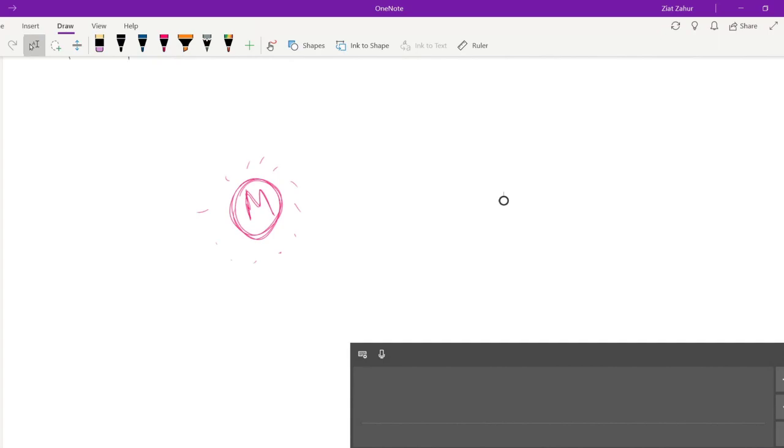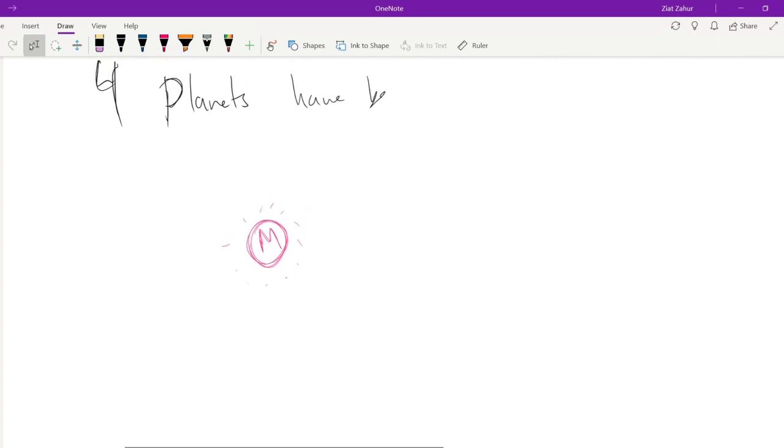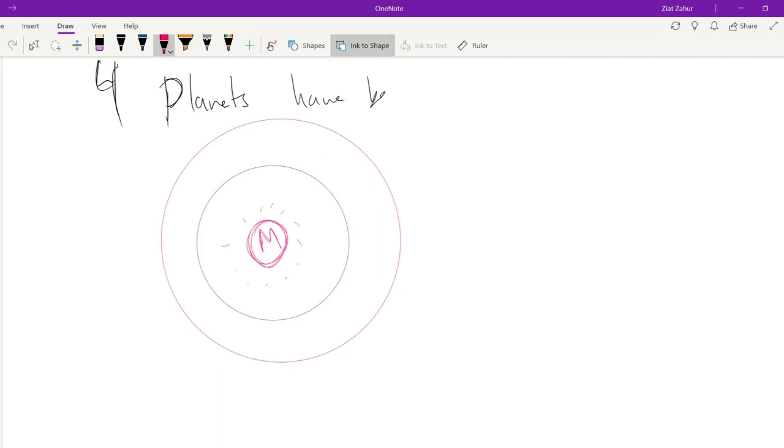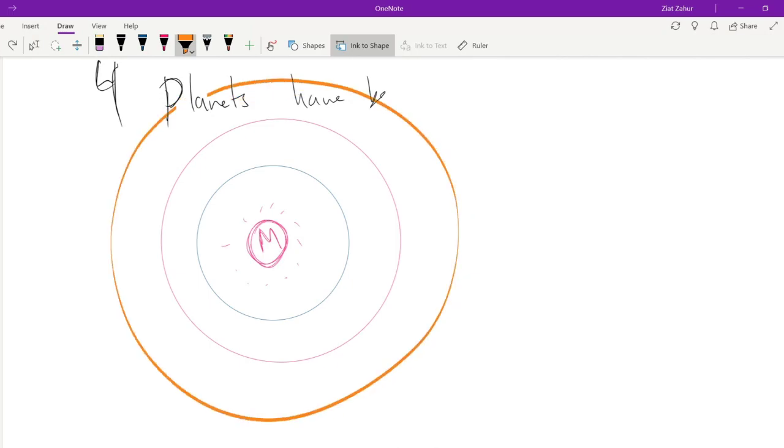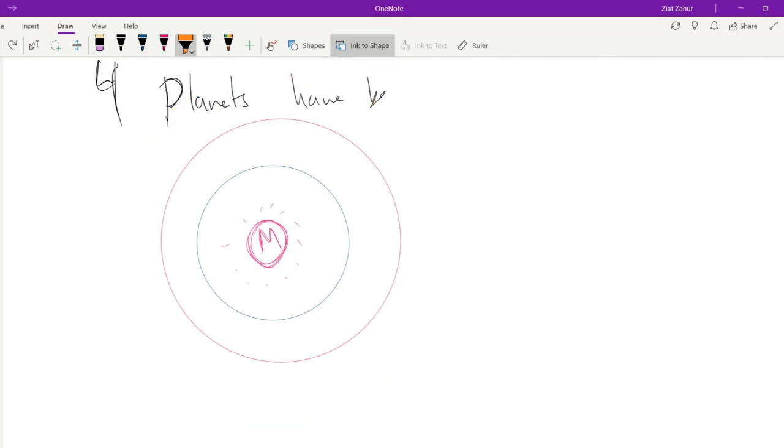Okay, so here's the first one. That's not very good. Let's use ink to shape. That didn't work. Okay, maybe it's not registering because it's highlighter.